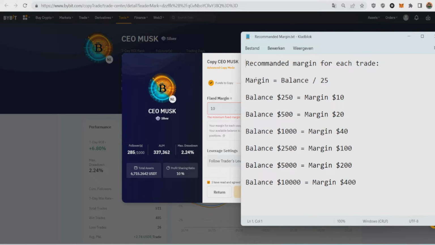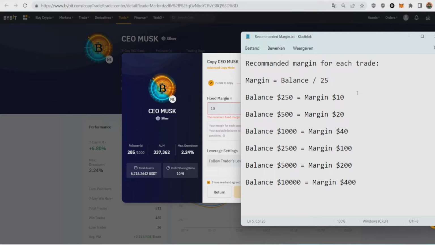The margin should be the balance divided by 25. So if you have a balance of invested money of $250, you should have a margin of $10. If your balance is $500, you should have a margin of $20. But let's say you have $500 and you want to follow 2 master traders, you can also just do 2 times 250 and margin 10.